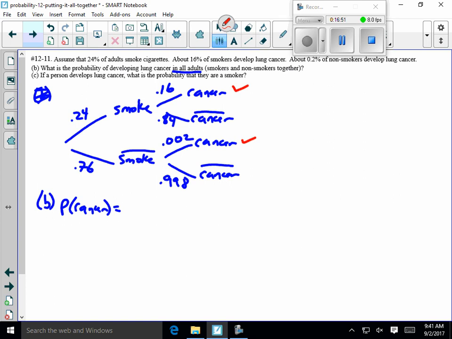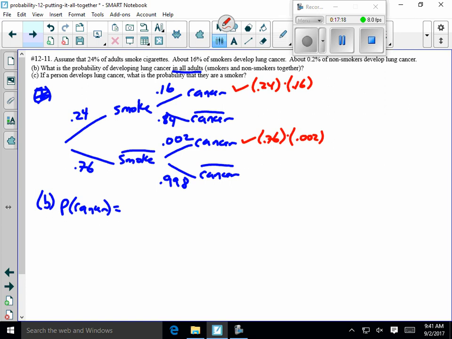So the probability of getting to this first check mark is you'd have to be a smoker, 24%. You'd have to have cancer given that you're a smoker, 16%. And since the smoker and the cancer have to happen, you'd multiply those two. Right? And then on the second check mark here, you could be a non-smoker, 76% chance, get cancer given that you're a non-smoker, 0.002, and because both of the first thing and the second thing have to happen, you'd multiply.